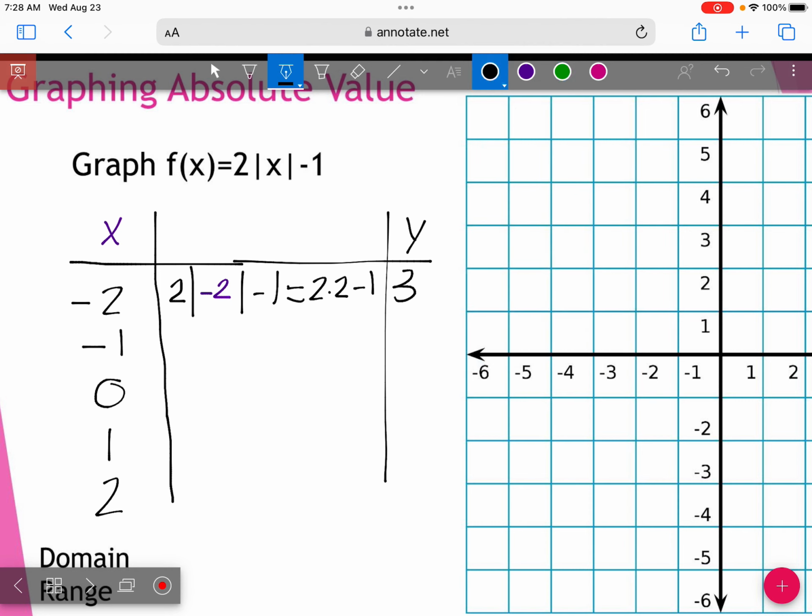So we're going to have 2 times the absolute value of negative 1 minus 1, which is really 2 times, absolute value of negative 1 is positive 1. 2 times 1 is 2 minus 3.